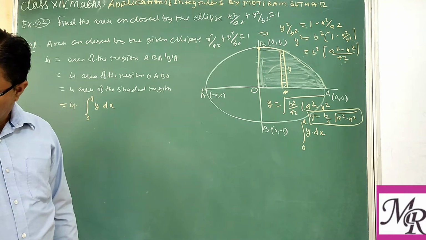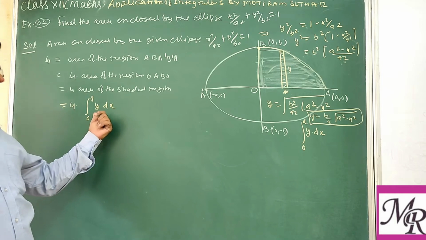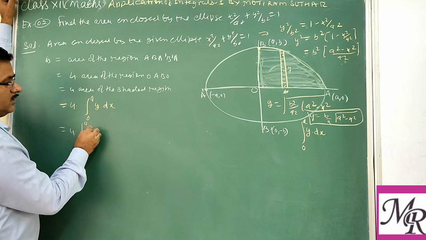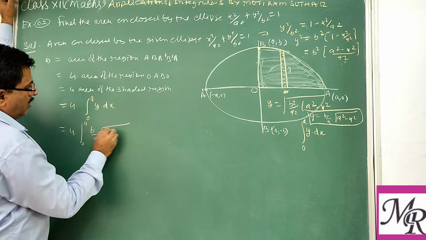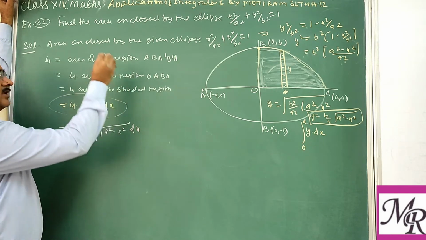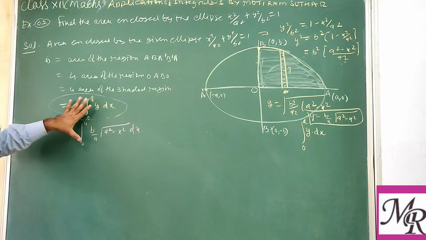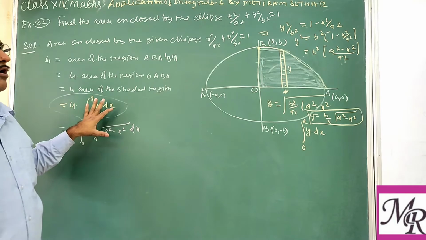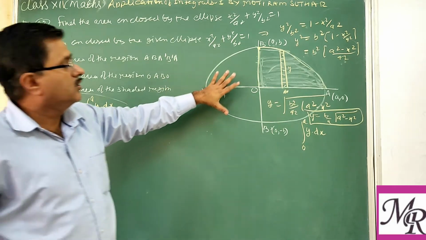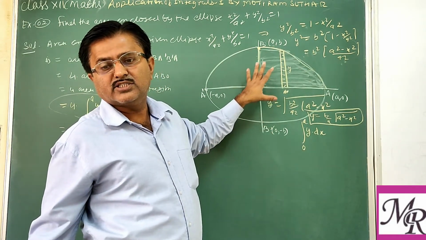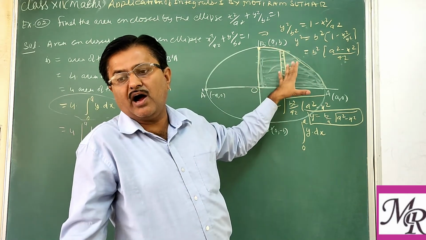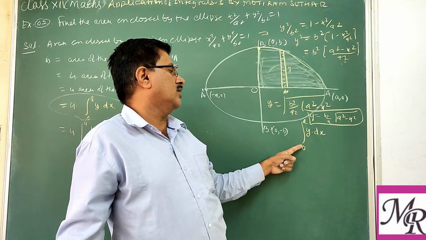Clear? Now put this value of y here, as in the case of the circle we saw: 4 into the integral from 0 to a of b upon a root of a square minus x square. Now after this point it is the job of the definite integral, which we have already learned. If you know the definite integral easily, then there is no problem in solving this. In the application of integrals, our job is to draw the figure, shade a region and mark which area we want to find, and third, always calculate the limit.